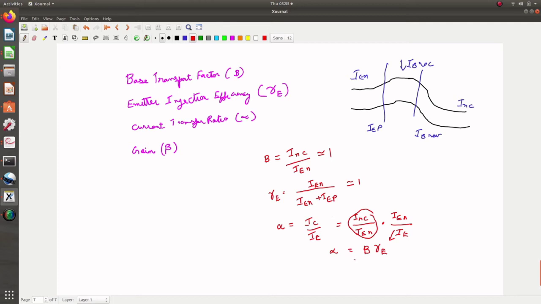As we had mentioned earlier, B and gamma E are approximately equal to 1. So this alpha also becomes approximately equal to 1 or nearer to 1. Ideally, it should be like that.